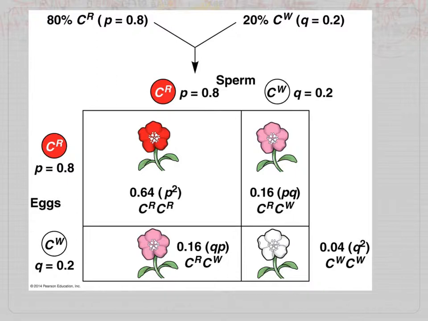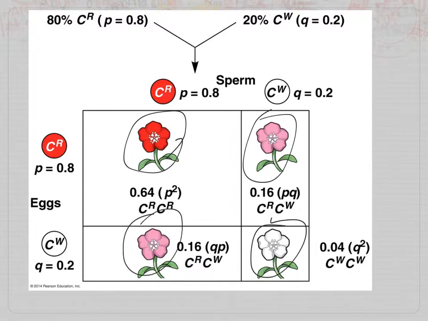Here's an example a little bit different than what we've done in class, because our examples were just simple dominant recessive, and now we have red, white, and pink is going to be our heterozygous. So actually we could use either the homozygous white, which we know is our Q, or we could use our heterozygous, because we know that each one of those has both a dominant allele and a recessive allele.